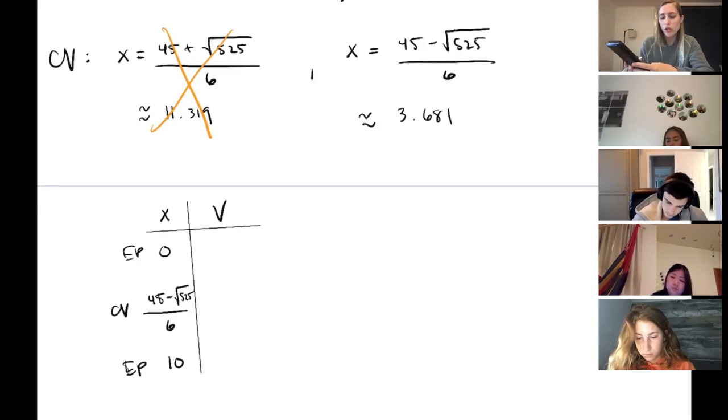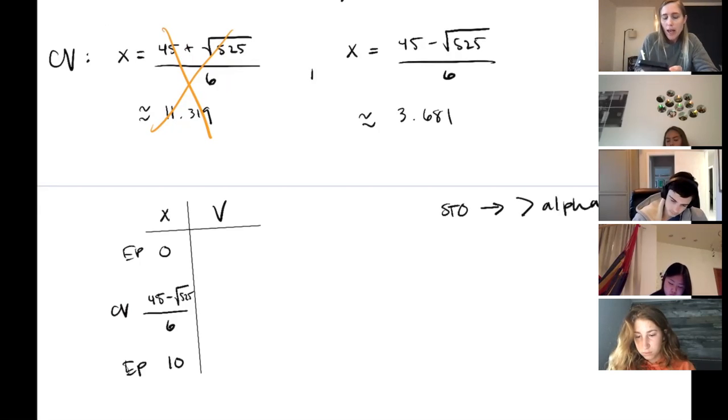store by hitting the store button. It has the little arrow next to it. And then you hit alpha. And you choose a letter that you want to store.